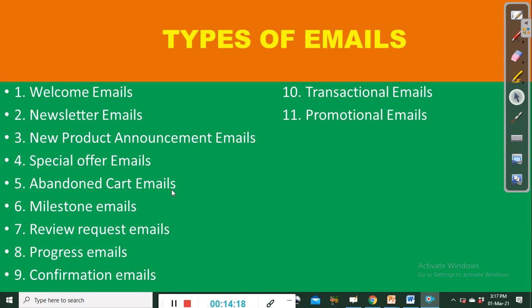The same thing, you can also send the announcement email to new prospects, to inform them.